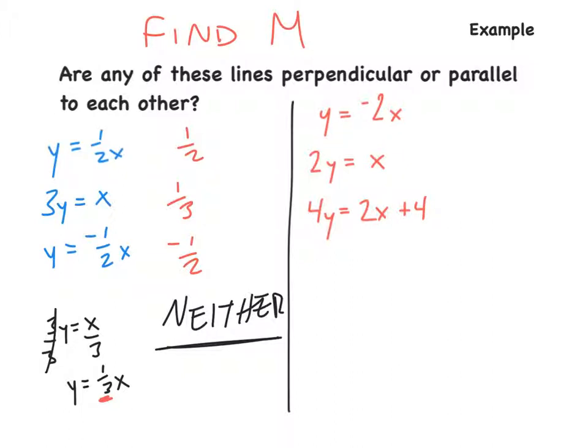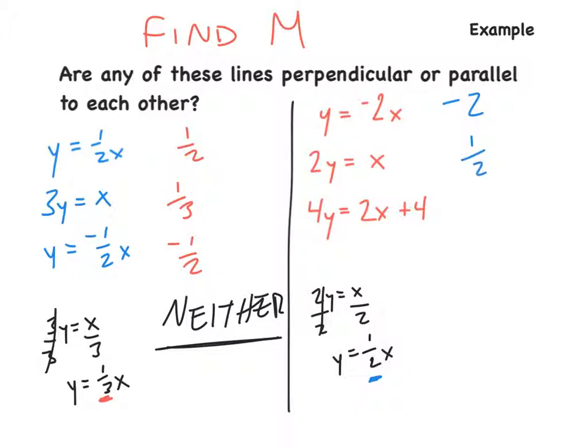Okay, so this first one, find the slope. Slope of the first one is -2. Slope of the second one, if we have 2y is equal to x, got to get y by itself, so divide by 2. So y is going to equal to 1/2 x. So the slope in this case is 1/2.